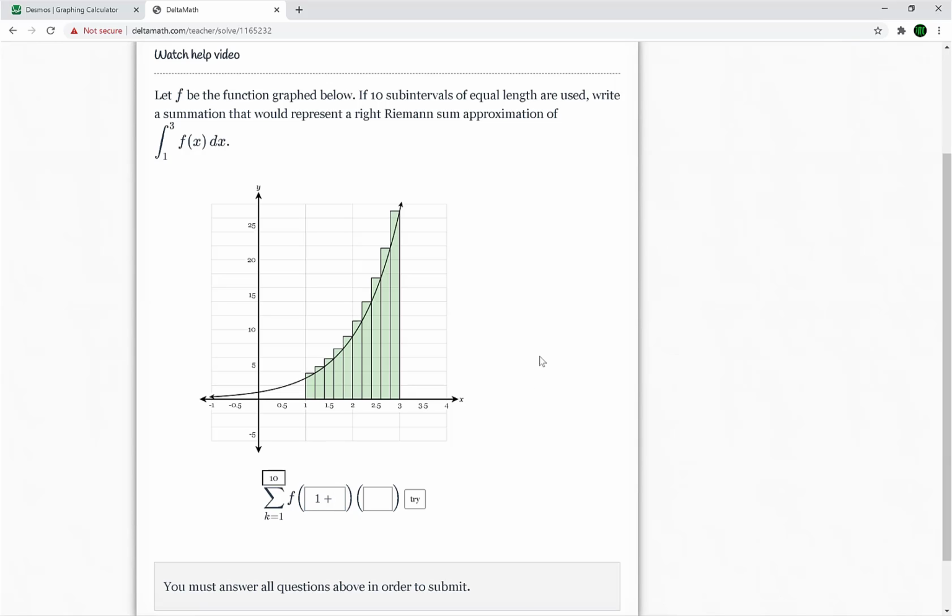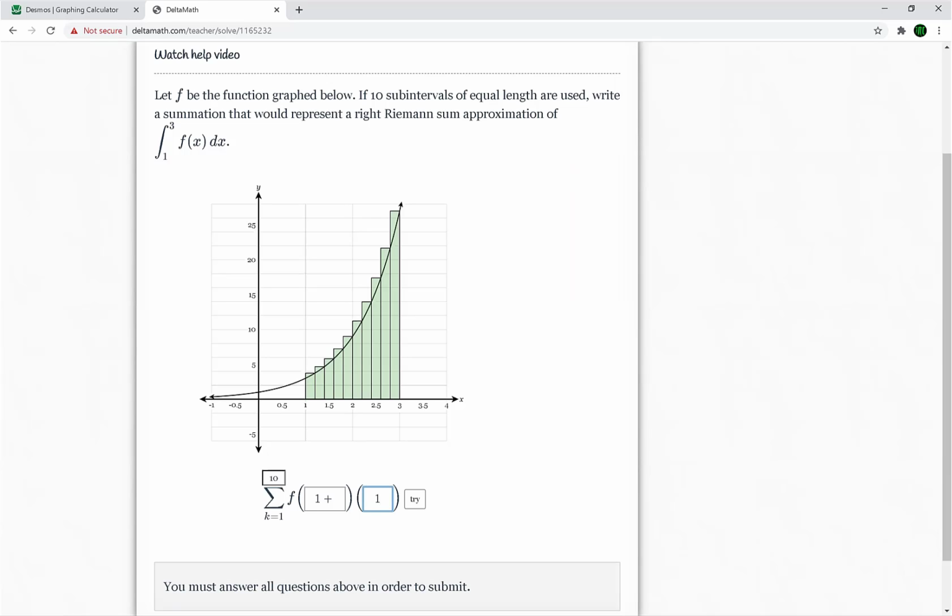And I'm going to add your delta x, so that's going to be k. What is the change in x on this one? 3 minus 1, so 2 over 10, which is 1/5. Did I say that right, miss? I think so, yeah.